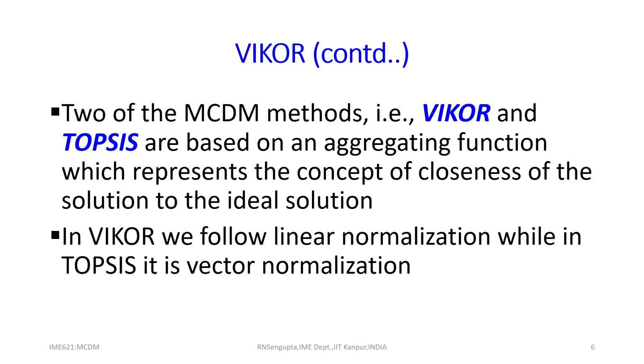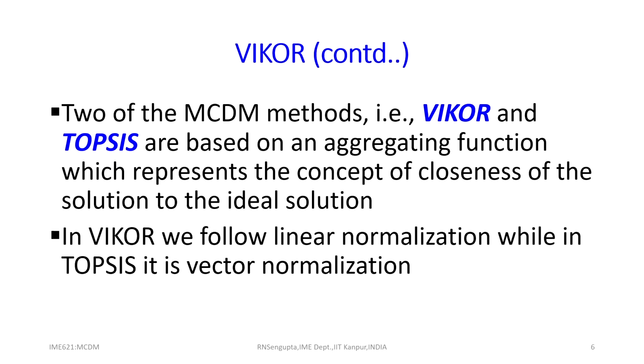These two methods, VIKOR, which we are going to do, and Topsis, which we have already done, the first one before Electre and Epsilon Electre, are based on aggregate functions which represent the concept of closeness of the solution to the ideal solution.